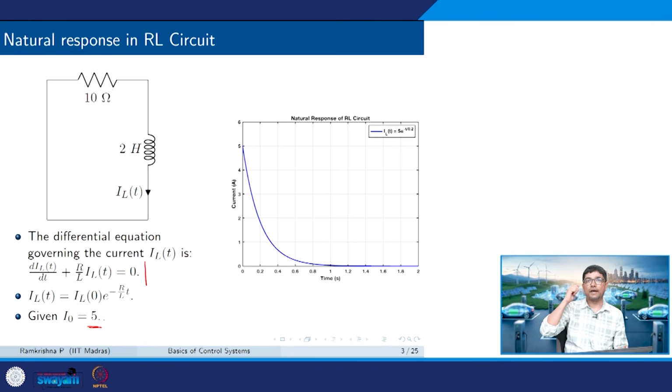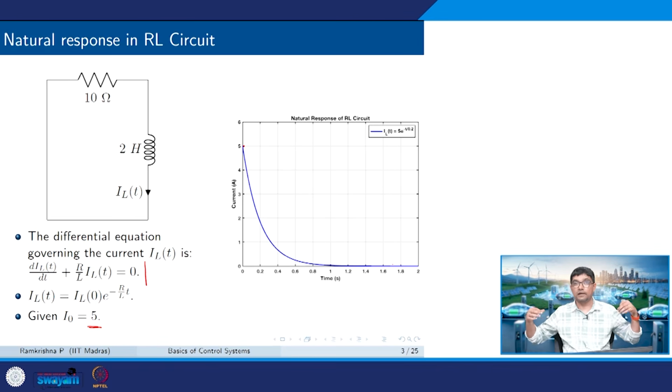When I switch it off, the fan has a certain speed. Let me call that speed something corresponding to 5, and eventually the fan goes to its 0 speed. This is a natural response, right? If I just leave something from an initial condition, it will go to its 0 condition. If it starts at 0, it will be at 0.